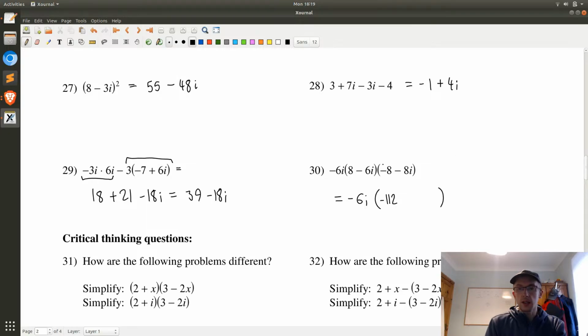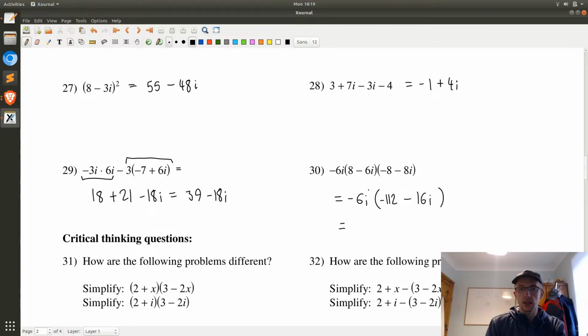Imaginary part next. So, -64 add 48. Which is -16. -16i.